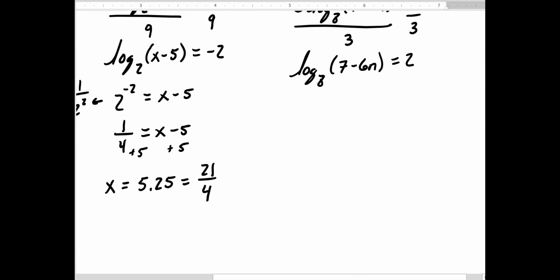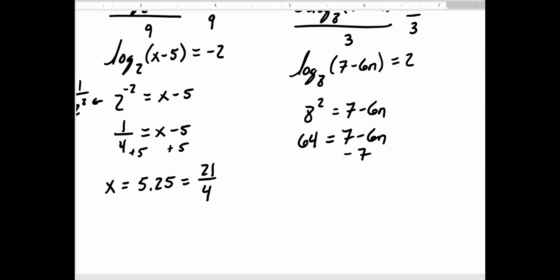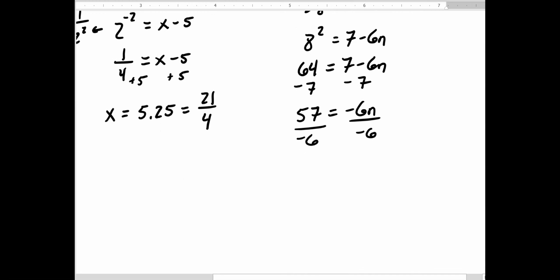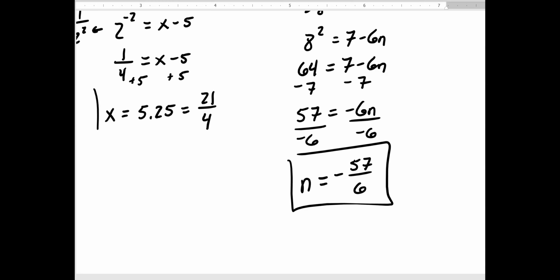In exponential form, this is 8 squared equals 7 minus 6n. 8 squared is 64, equals 7 minus 6n. I'm going to subtract 7 from both sides. 64 minus 7 is 57 equals negative 6n. To get my answer, I divide by negative 6. And I'm fine leaving this one as a fraction. I'd just say n equals negative 57 over 6. And right there is my solution.